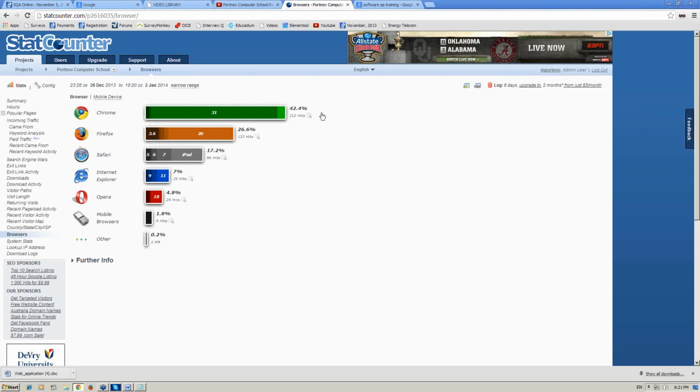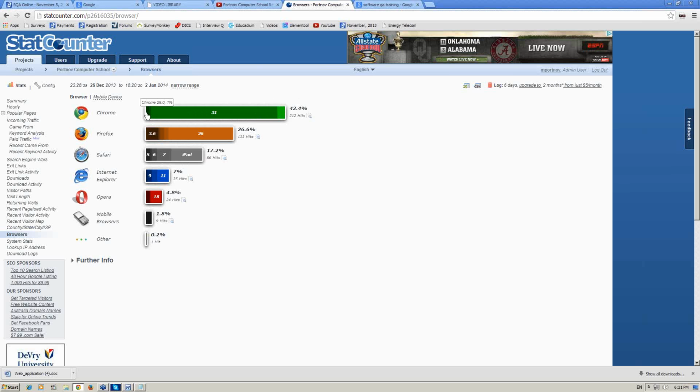It says 42% of people come into our specific website using different versions of the Chrome browser, and most of them are using Chrome 31.0. So 38%. 2.2% are using Chrome 2.